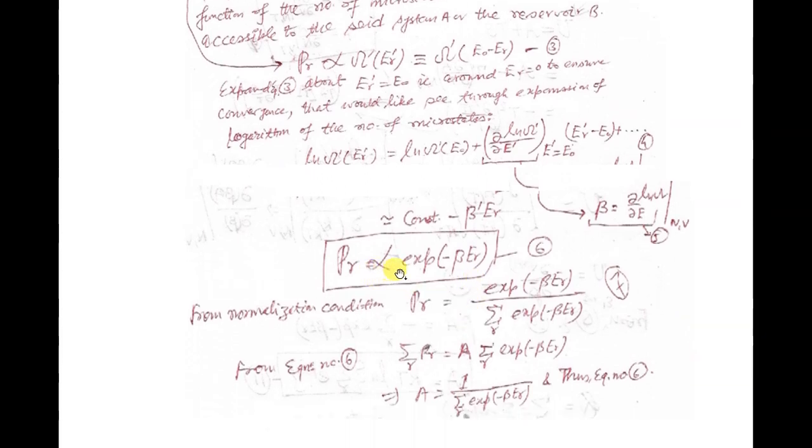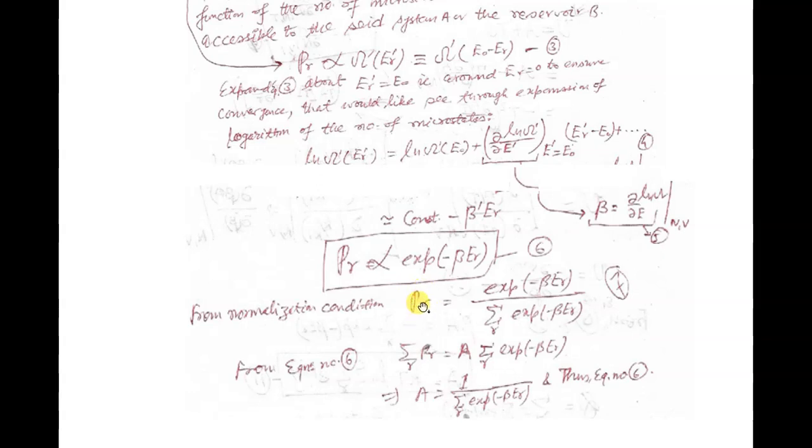So from there you can normalize equation number 6. You can expand this to have a constant of proportionality, and by means of normalization, the probability summed over all possible values of R should be 1. The probability should be 1 to find the reservoir with any of the given values of energy.